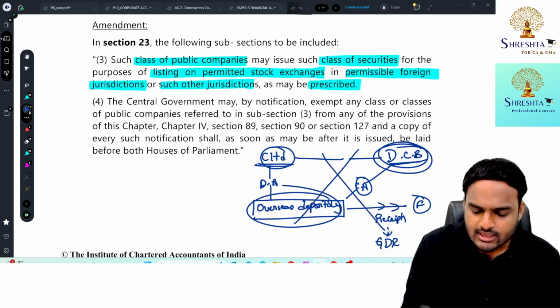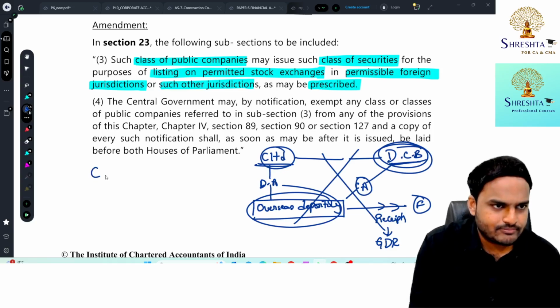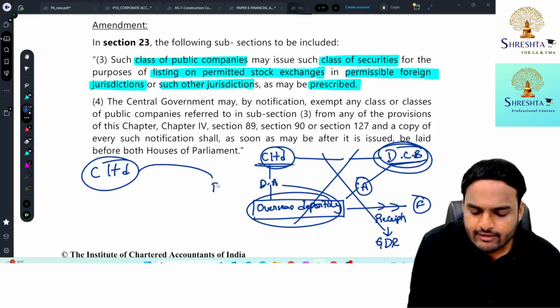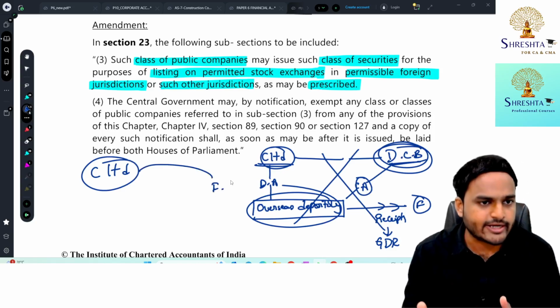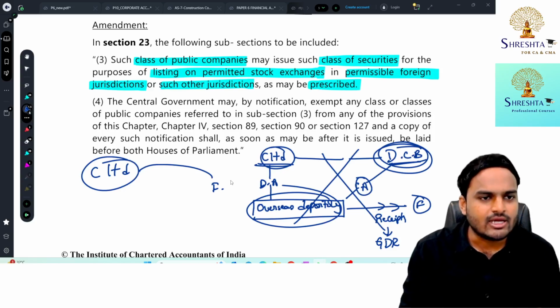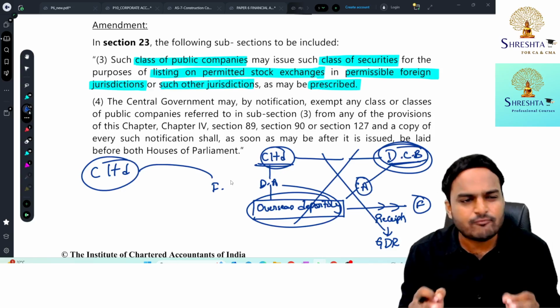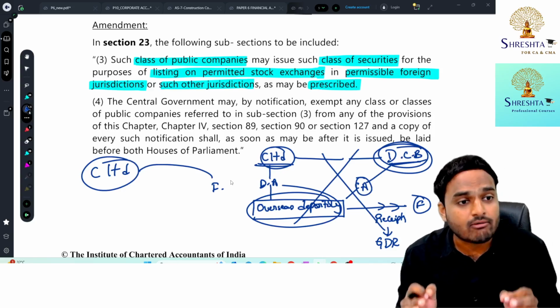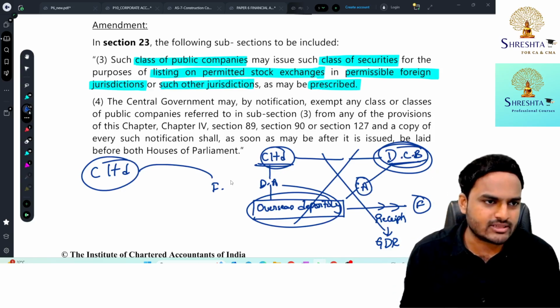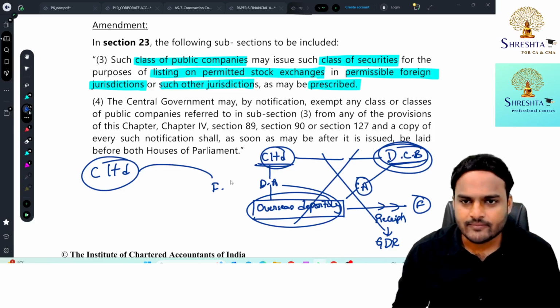Avoiding these things, now a public company can directly list its securities in foreign stock markets in foreign countries. Which public company and what class of securities, everything. Who has the power to prescribe the class of companies and class of securities? Central government. Is it clear?